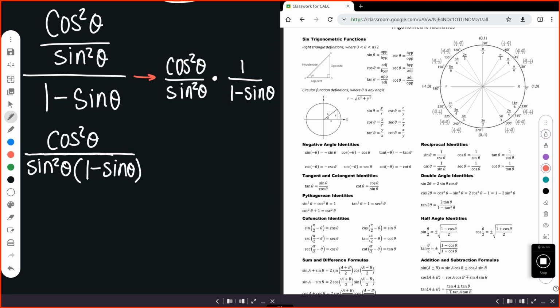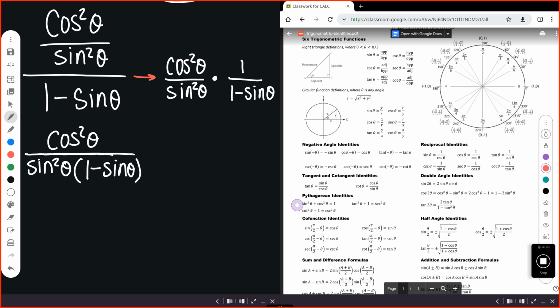So I am going to look at my numerator there, cosine squared theta. Now, with practice you'll be able to see it a lot better, but I can see that I'm going to have to use the Pythagorean identities over here, right? And I'm going to use this one by subtracting sine squared theta from both sides so that we can solve for cosine squared theta.